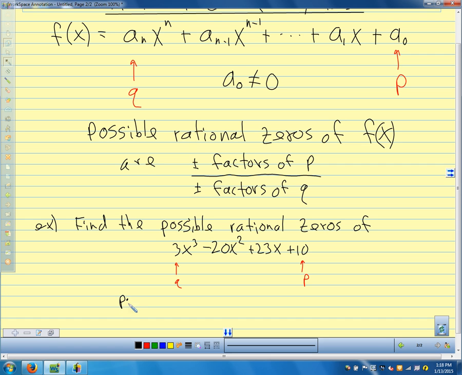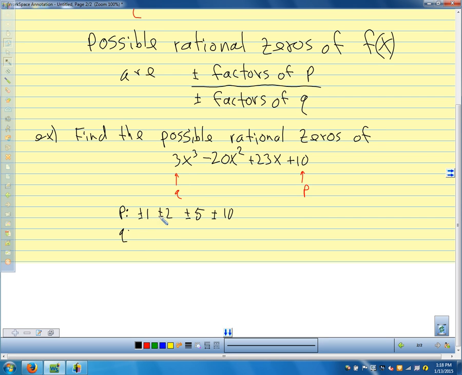And then I make a list. So what are the factors of P? We just listed them, right? Of 10, plus or minus 1, plus or minus 2, plus or minus 5, and plus or minus 10. And what are the factors of Q? Three is prime, so what are the factors of 3?